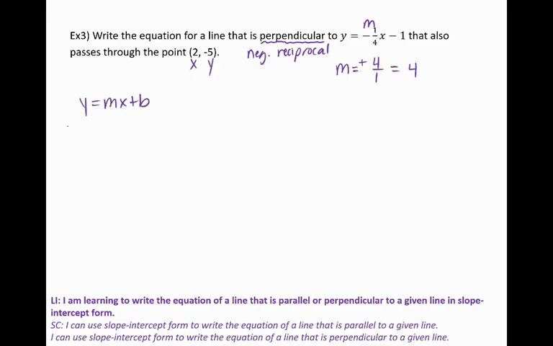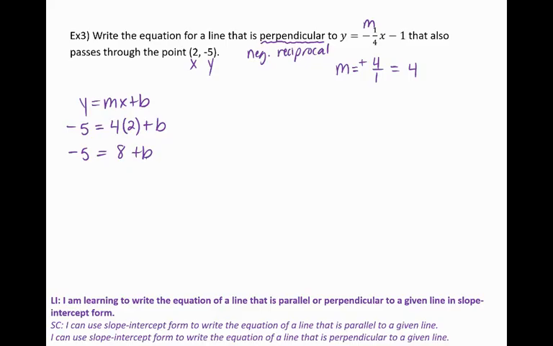I'm going to plug in negative 5 for y. My slope is 4. My x is 2. And then my y-intercept, or the b, which we do not yet know. Remember, those numbers came from our ordered pair, the point (2, -5), and the slope that we found. So now we're going to simplify. 4 times 2 is 8.